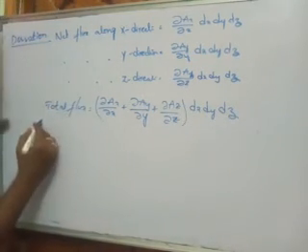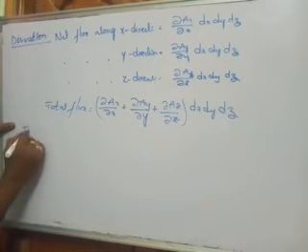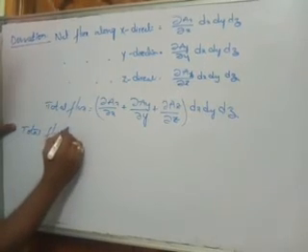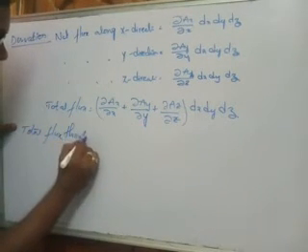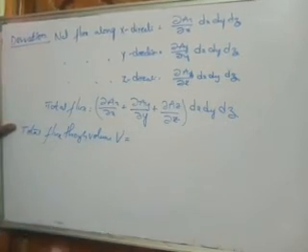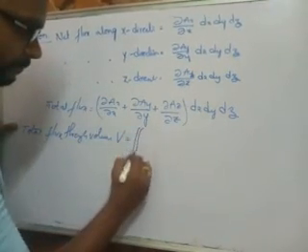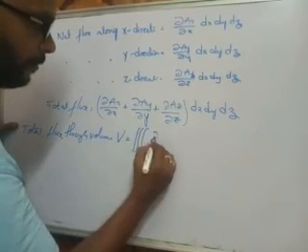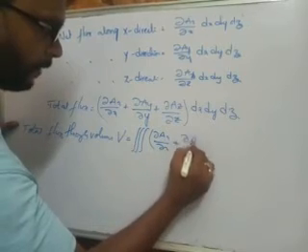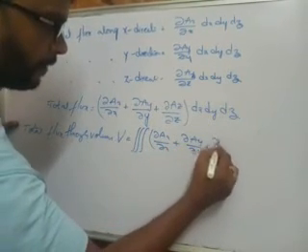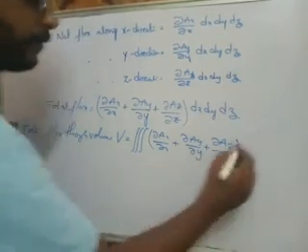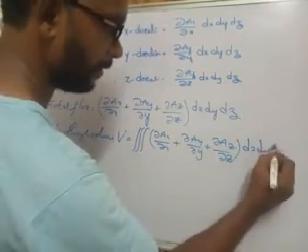Now the total flux flowing through the capital V volume element. We have to get total flux through volume V, which can be the triple integral of dou Ax by dou x plus dou Ay by dou y plus dou Az by dou z into dx dy dz.